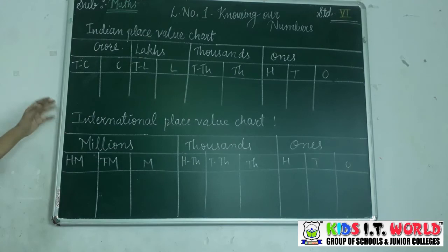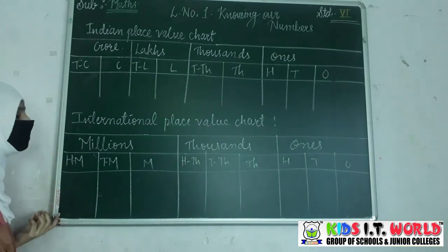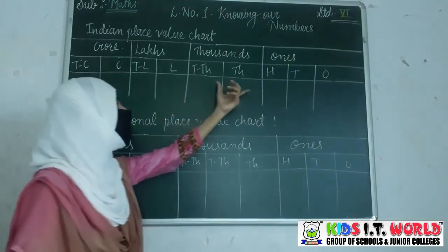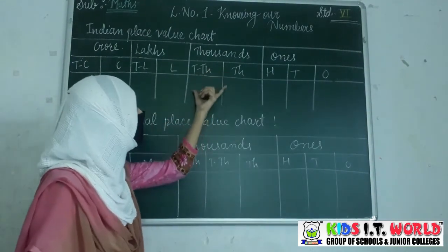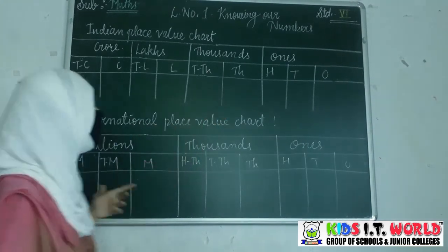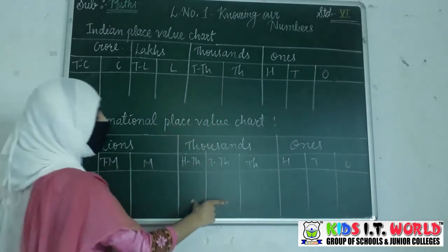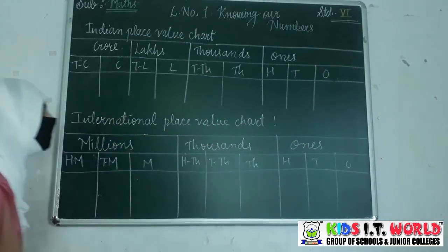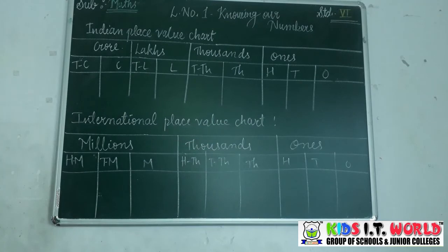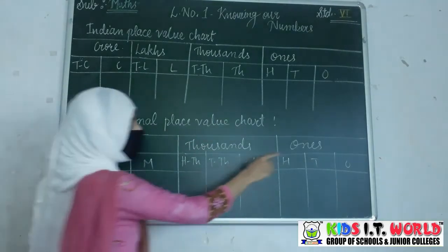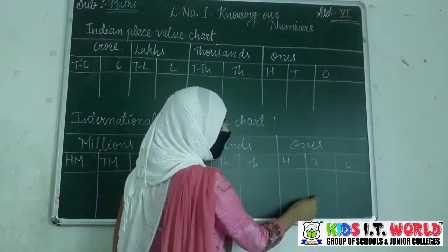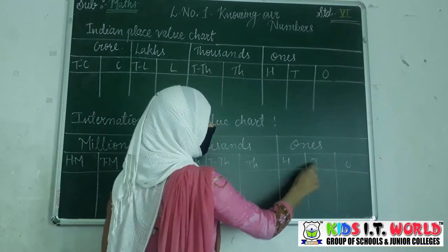The difference in the international place value chart is that here the periods have three places in each period, while in the Indian chart they have only two. It starts again from ones. So here ones, same as in the Indian place value chart, it is ones, tens, 100.